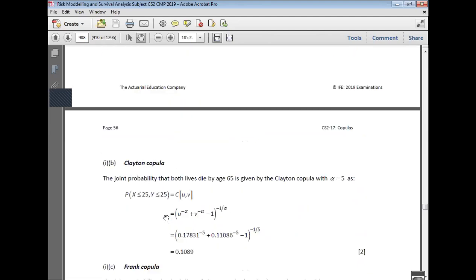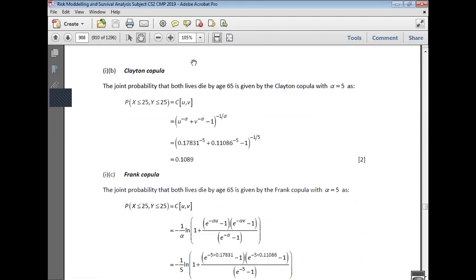So again, whenever I'm trying to figure out that both lives will die by the age of 25, what I'm looking at is x less than or equal to something, y less than or equal to something, right? And out of Clayton, Frank, and Gumbel, which copula do you think will best be able to predict this? Anyone? Okay, first question, what kind of dependency are we looking at?